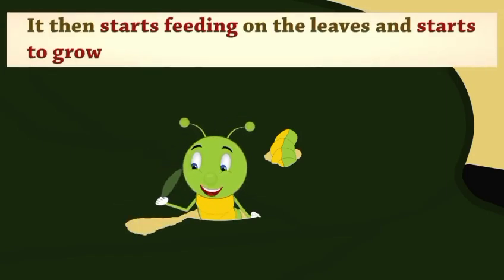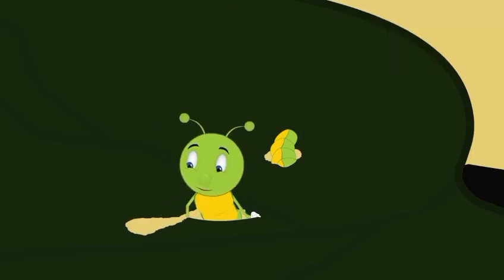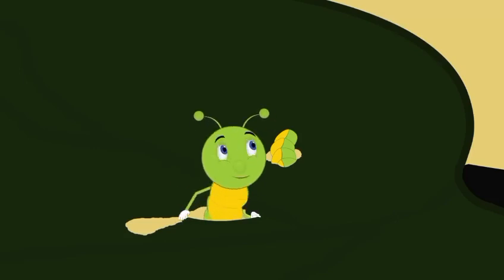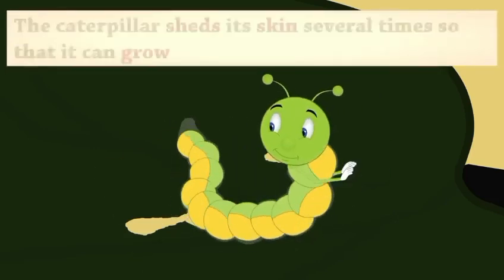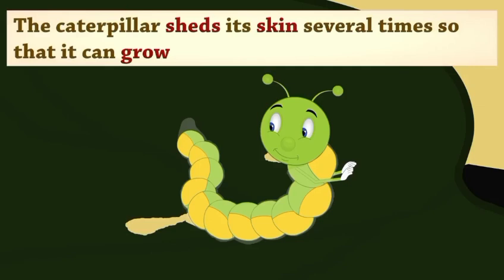It then starts feeding on the leaves and starts to grow. The caterpillar sheds its skin several times so that it can grow.